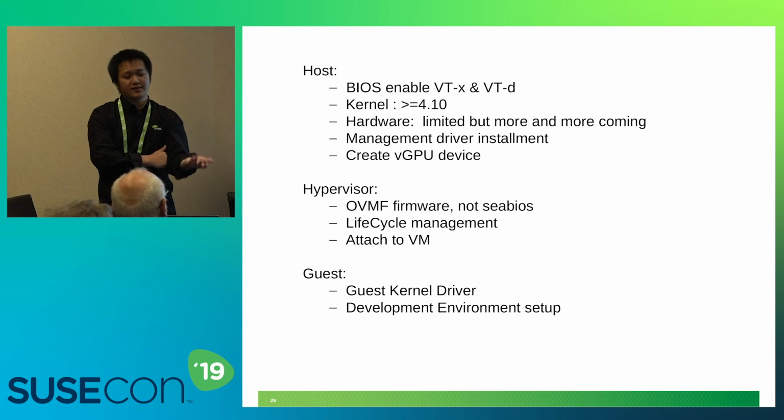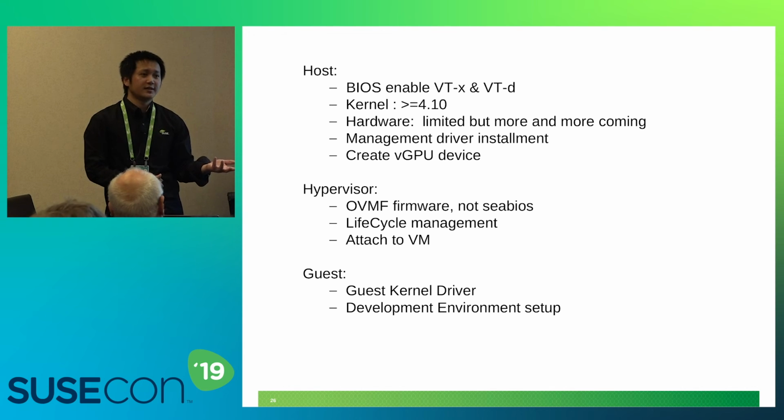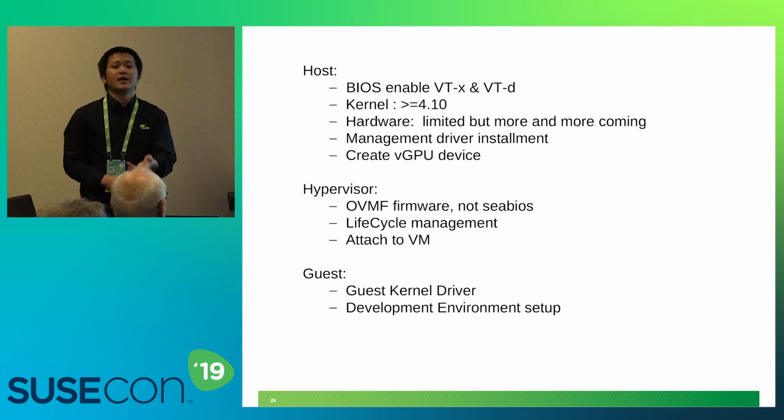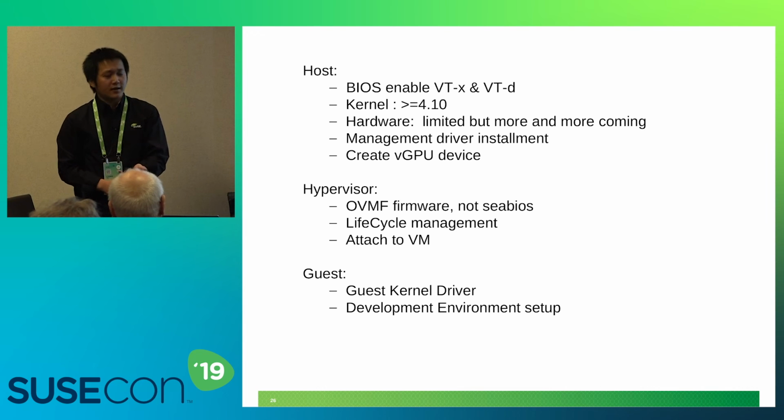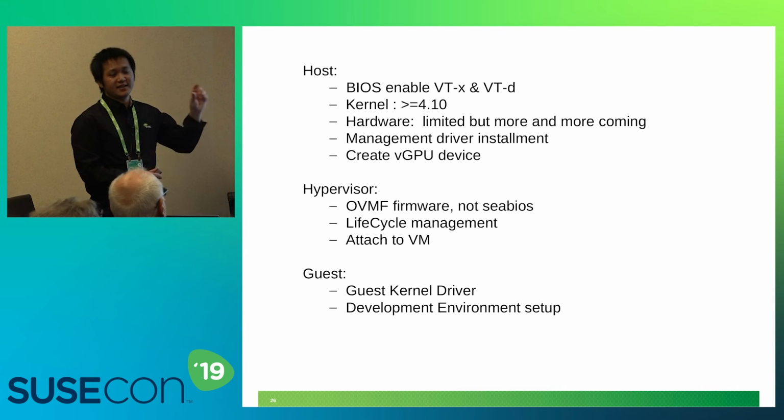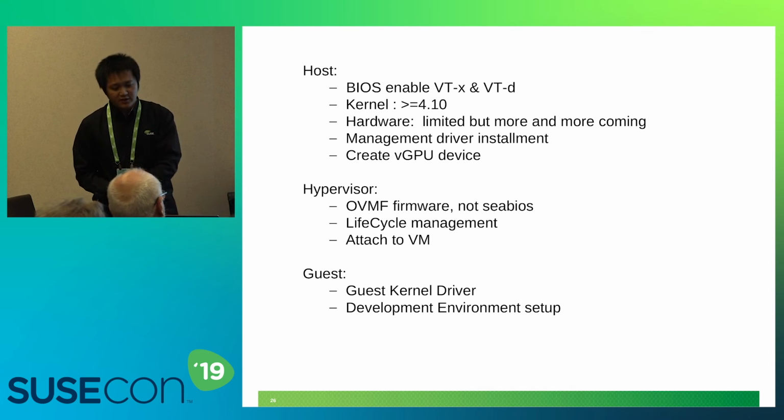That's it, not difficult. Just remember there's a step here: you need to create this vGPU device. For AMD, you don't need to do it. It's only for Intel and Nvidia. You need to pass that UUID, give it its unique ID for further usage.